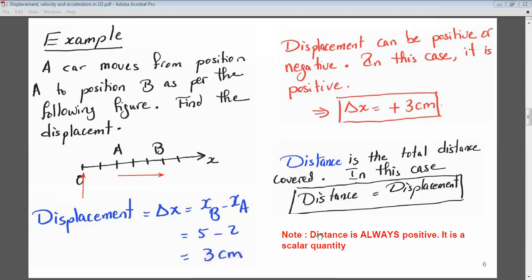It's a quantity which is always positive. What's another example of a scalar quantity? Another example is our weight, the measurement we get when we weigh ourselves on a scale. For example, 70 kilograms. This is a scalar quantity.